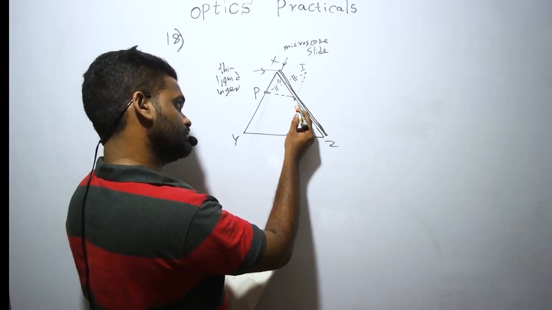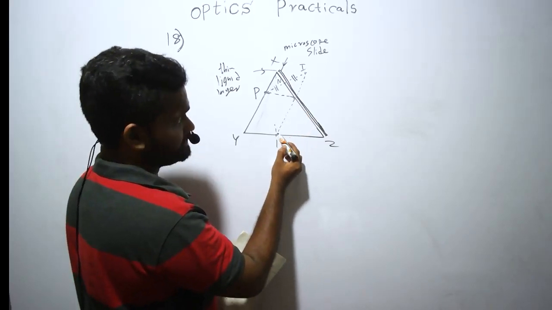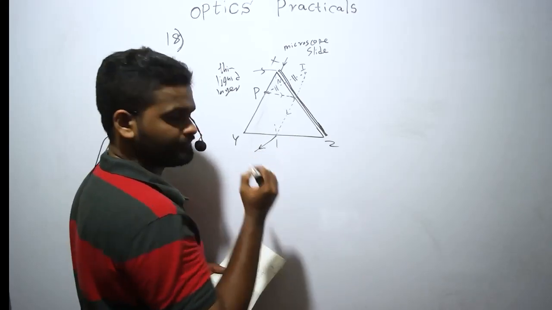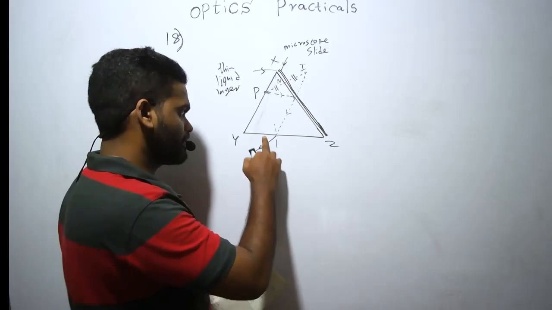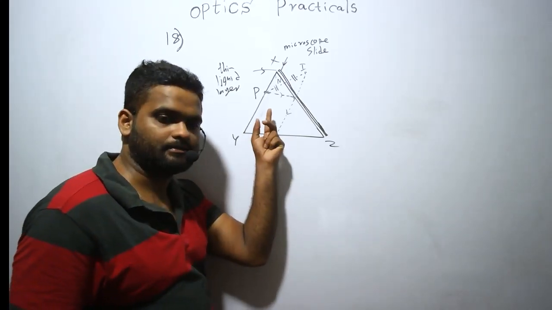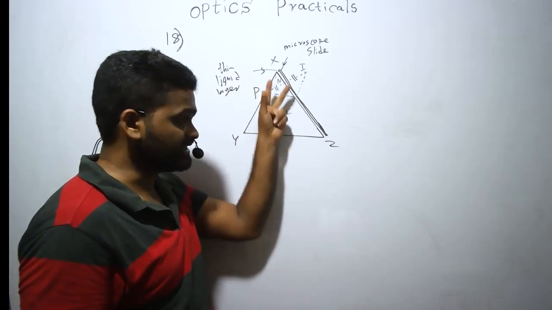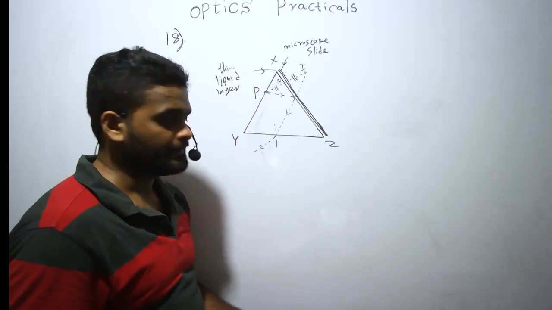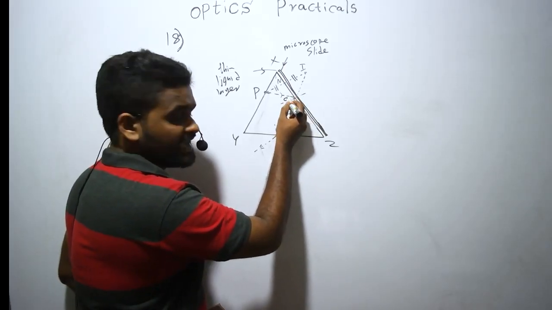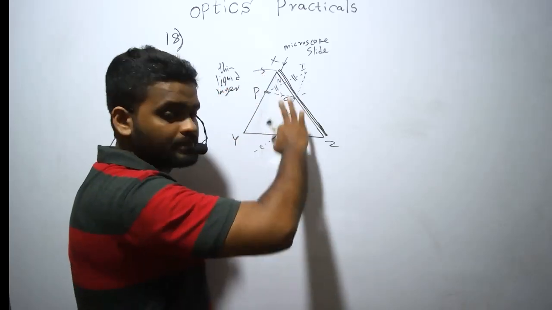Then this has to go along here and gets incident to this side and gets away. So this is the ray diagram which I drew earlier, right? Then we know that this angle is C, the critical angle. We found that earlier, only for the prism.